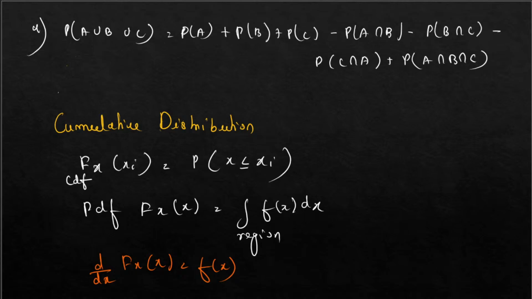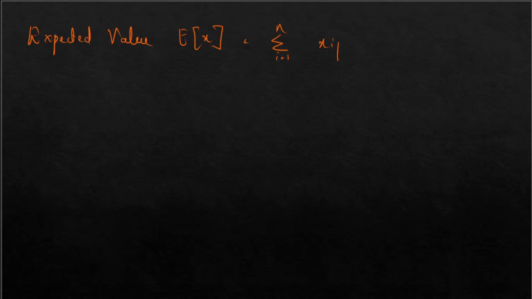Okay, now let's see expected values. This is for discrete.